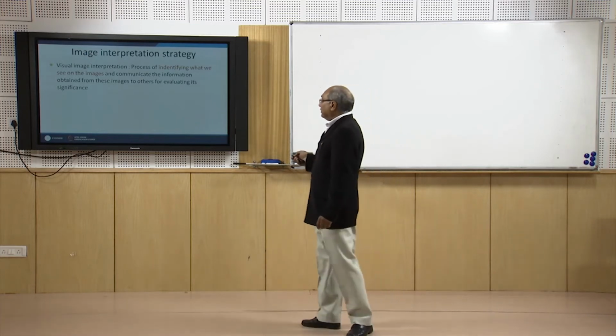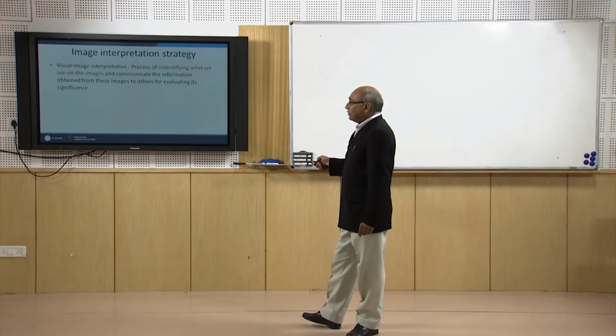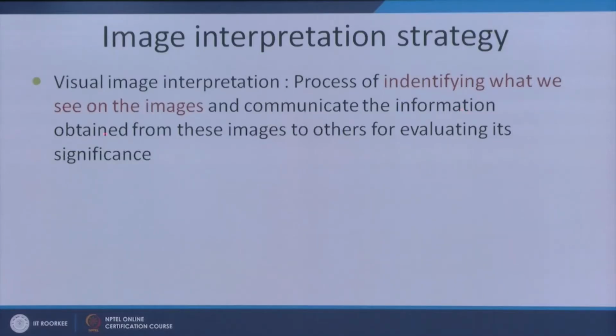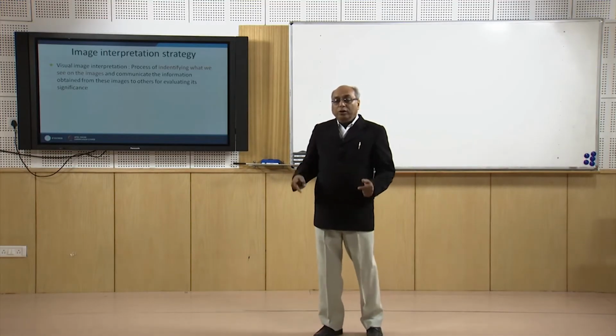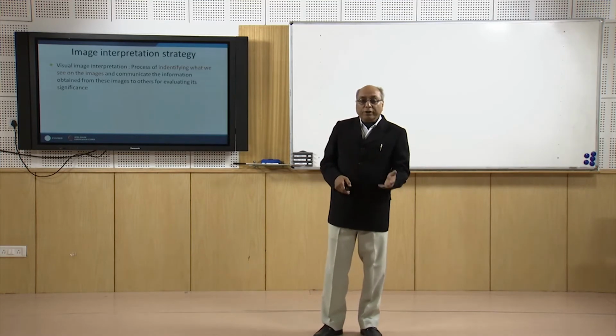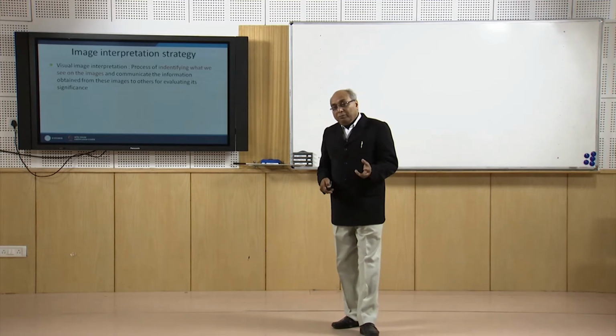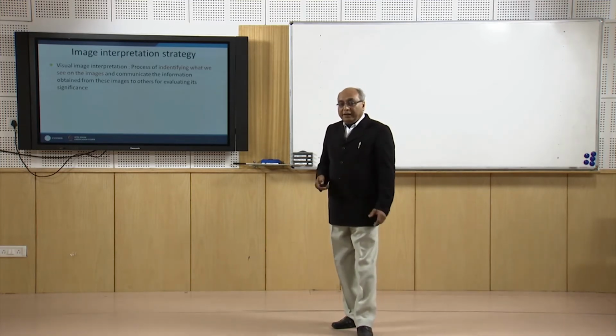Now, visual interpretation is basically the process of identifying what we see on the images and communicating the information obtained from these images to others for evaluating its significance. Manually, earlier, we used to put a transparent sheet and demarcate different areas, but nowadays on digital images one can assign different colors and create output maps.